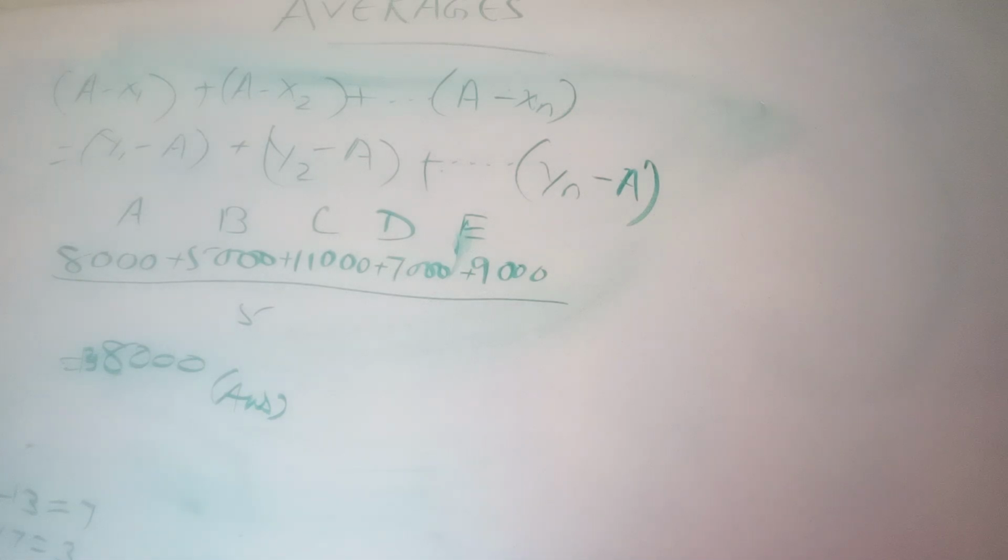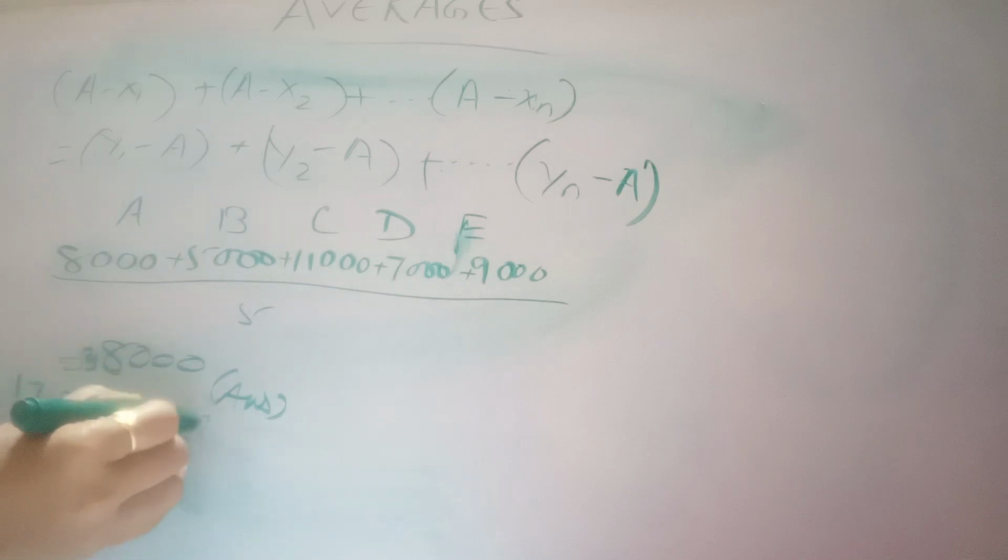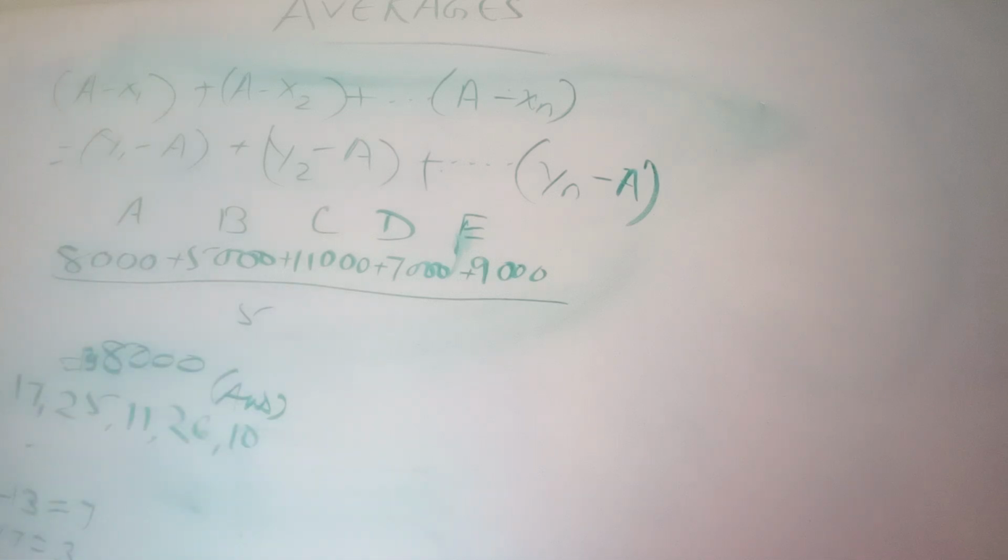So the numbers are 13, 17, 25, 11, 26, 10. 20 minus 11 is 9, 20 minus 10 is 10, 20 minus 25 is 5, 20 minus 26 is 6.